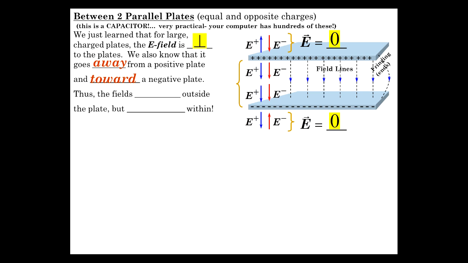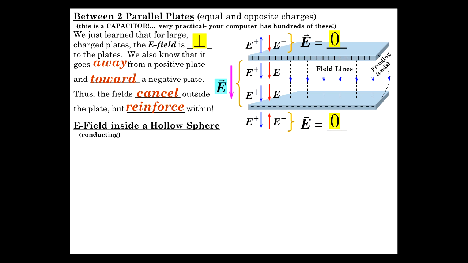Both the E field from the positive and negative plates are going in the same direction, producing one large E field inside the capacitor. So the electric field is contained inside the capacitor. It's not existing outside, which could wreak all kinds of havoc on other electronic items that are used in our technology. So the fields cancel outside but reinforce inside.